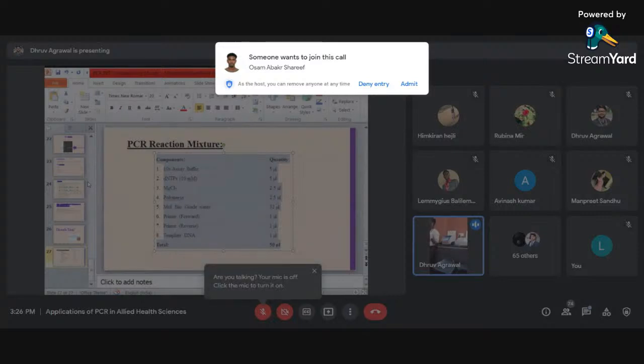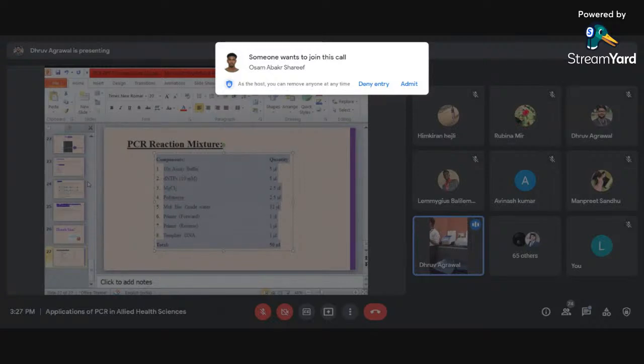So we have to provide each and everything so that we can carry out our aim. We can carry out a particular thing that we are going to perform. Okay, so step by step, we require a particular substrate, which is our DNA template.